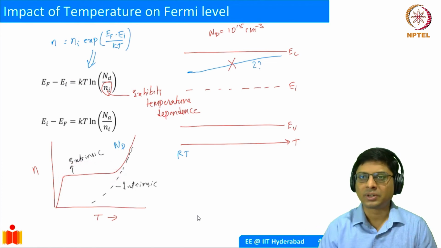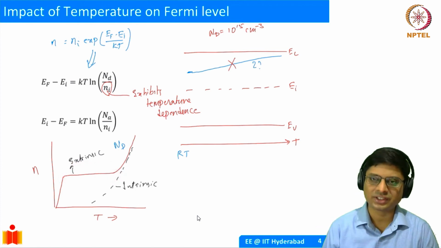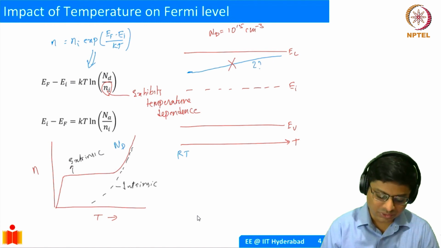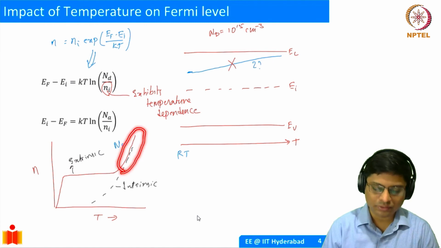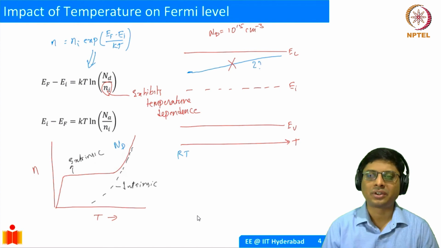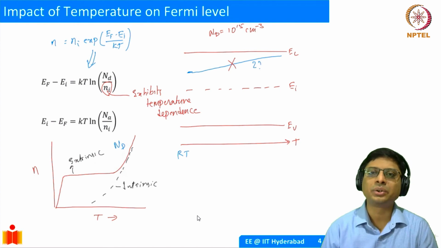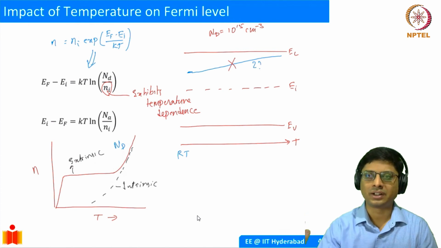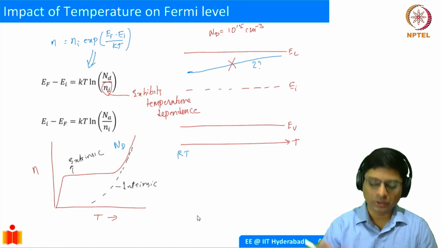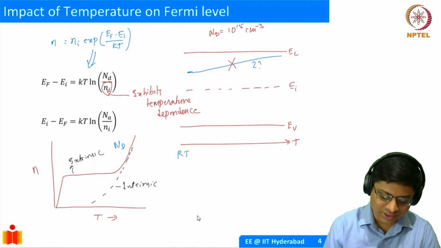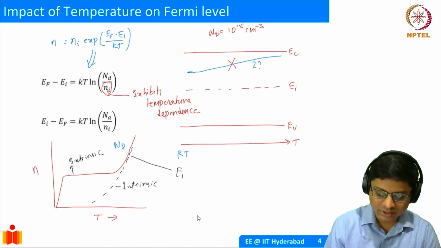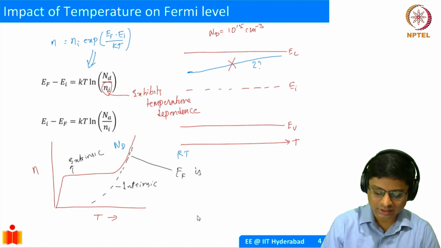But once that semiconductor reaches the intrinsic regime, then the number of electrons is going to be equivalent to the intrinsic carrier density, right? So the intrinsic carrier density is going to drive your electron concentration. And we know that whenever it's in the intrinsic regime, EF is at EI.